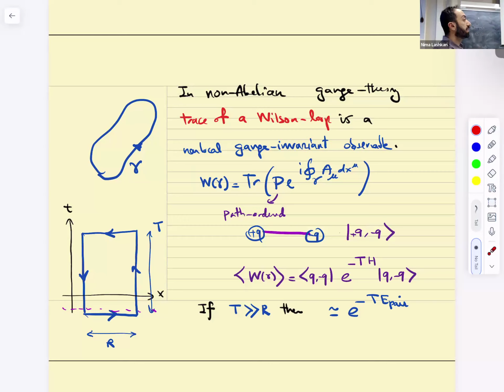It's not an exact energy eigenstate, so you have to expand e to the minus T H in energy eigenstates, and in the limit of capital T being very, very large, you still get an expression of this type. That's the origin of it.